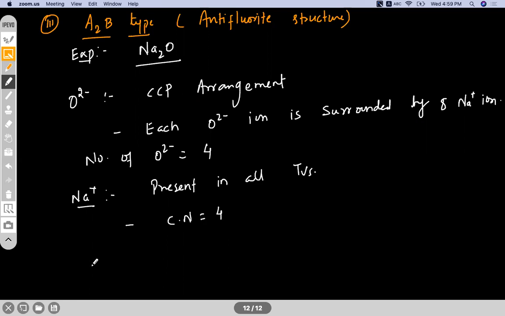And that's why the crystal is called 4:8 type arrangement. Li2O, K2O are this type of structures.